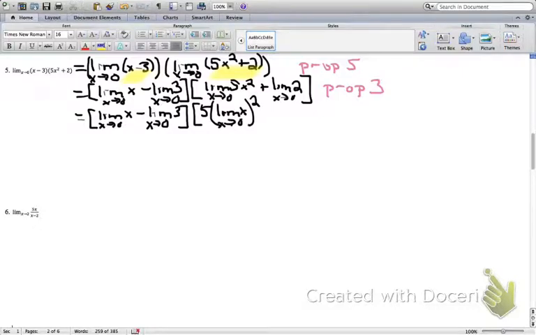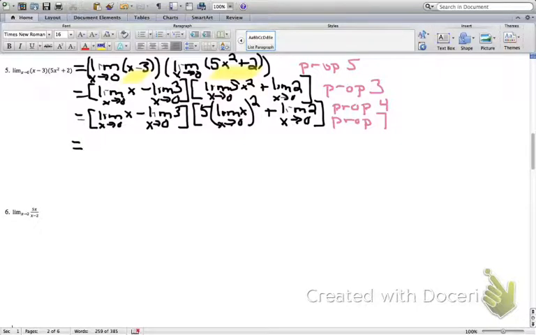This is done by both property 4 and property 7, plus the limit of 2 as x approaches 0. So I just did two different properties to one part of our equation, and I'm hoping that we're all okay with that. If not, please ask tomorrow in class.